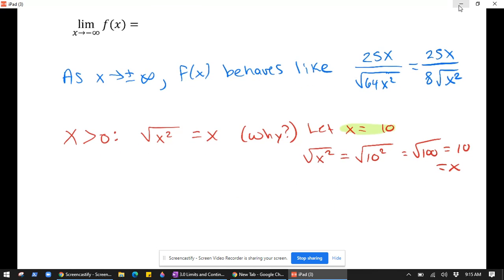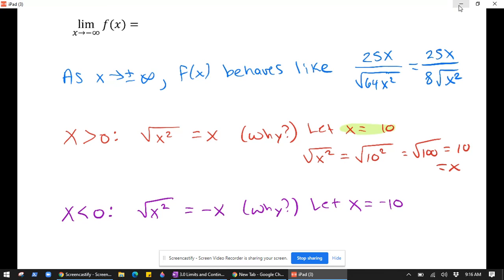But when x is a negative number, something different happens that you probably haven't thought about, at least if you're on autopilot. When x is a negative number, the square root of x squared is equal to negative x. So let's look at why that's true. Let's just let x equal negative 10.